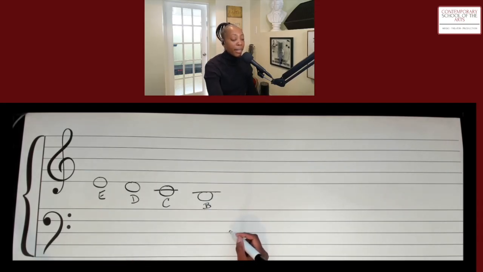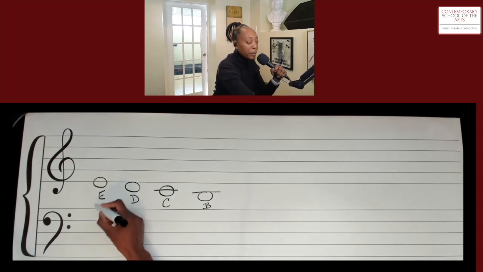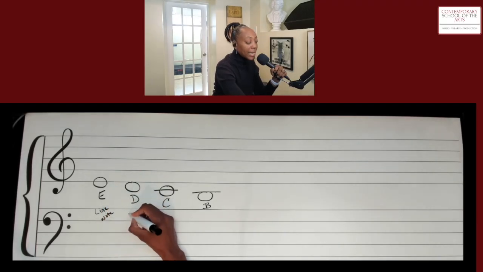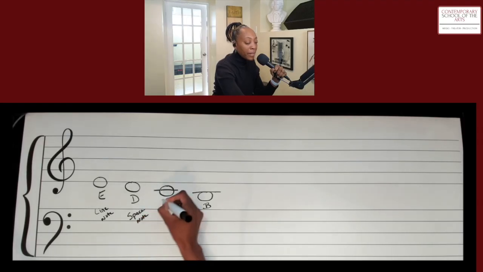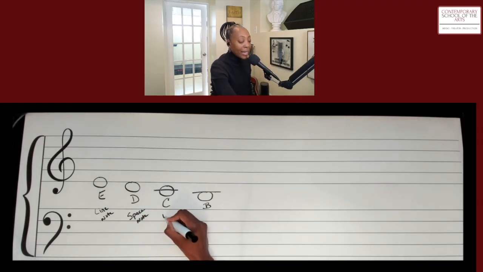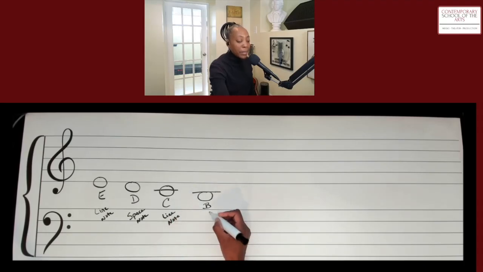Okay. And let me just go ahead and write note E is a line note. Note D is a space note. Note C is a line note. Note B is, that's correct, space note.